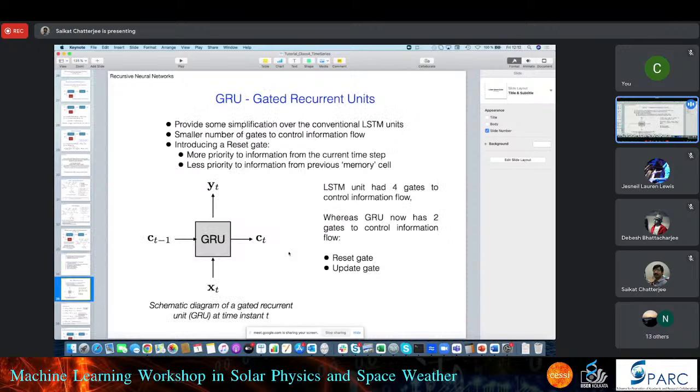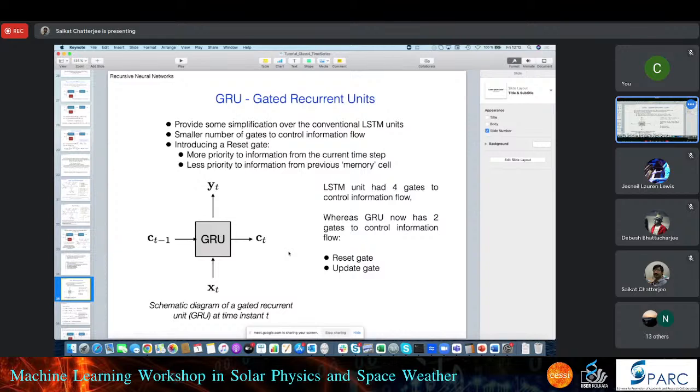Now I tell you the GRU. GRU is possibly the most used today. It provides some simplification over the conventional LSTM units, smaller information flow, and it also introduces a reset gate. So it gives more priority to information from the current time step and less priority to information from the previous memory cell.